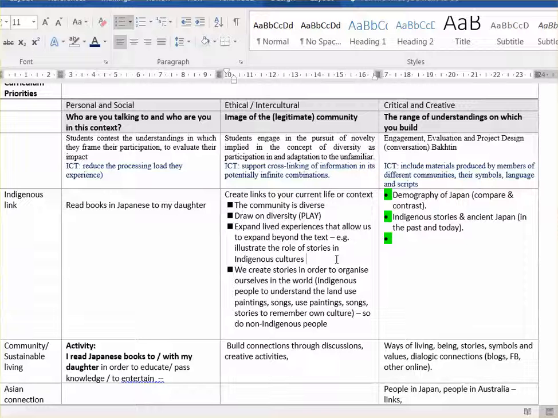So if they are reading a book to someone, or if they create a book review for the website, or if they create a school website in Japanese, they need to have some resources, which is here, and they need to have activities that encourage them to reflect about the people with whom they communicate.